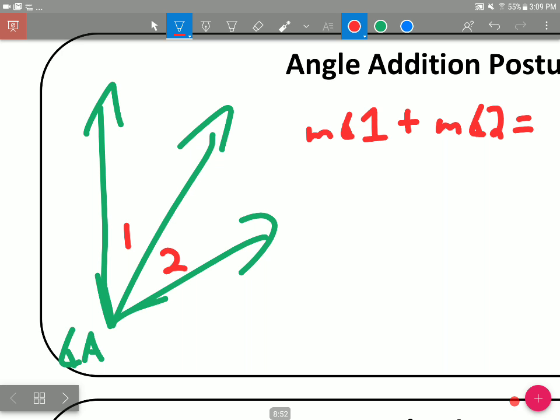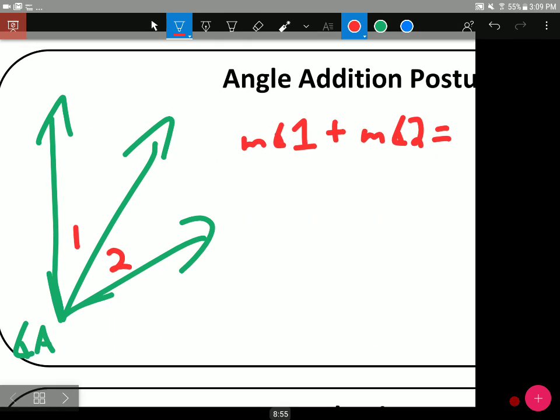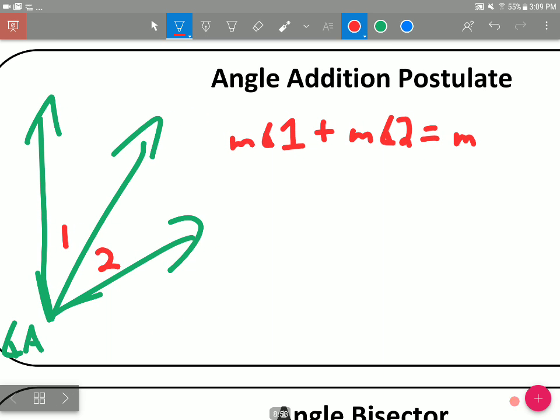The measure of angle A. Exactly. This is just like the segment addition postulate. It's the angle addition postulate. If I have two angles, you add them together, you get the size of the overall angle, the bigger angle.